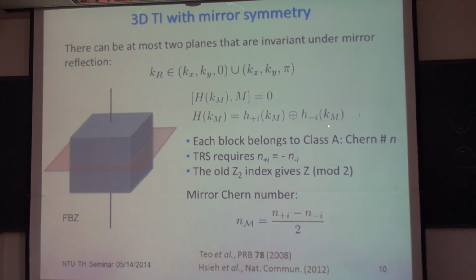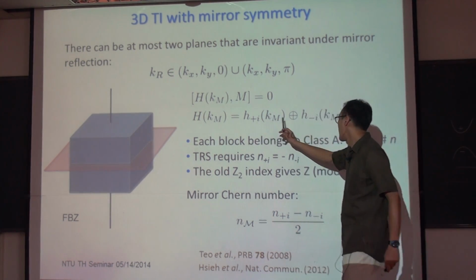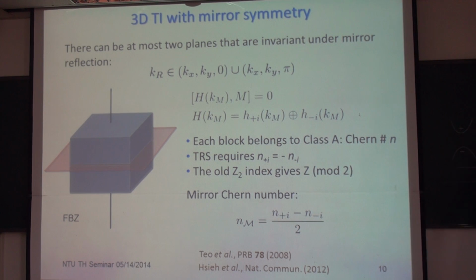So you can block diagonalize this Hamiltonian. And because we know with a spin 1/2 system, M squared equals -1, in this system you can have a block with mirror eigenvalue plus i, and the other one is minus i.